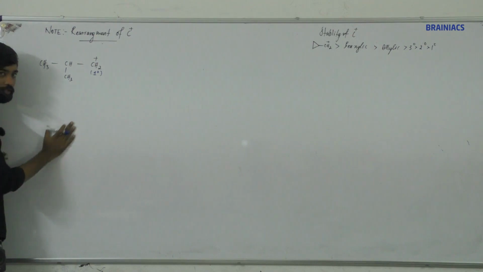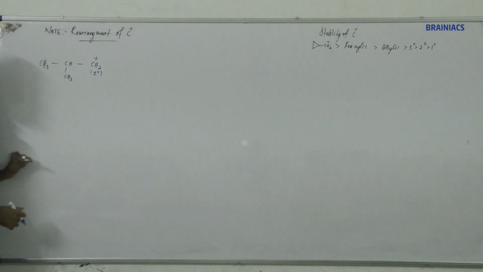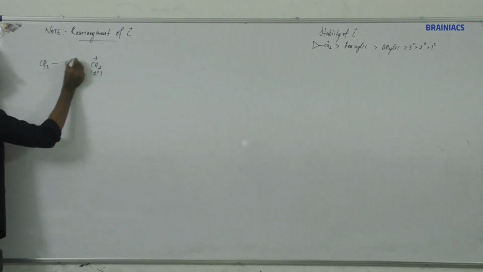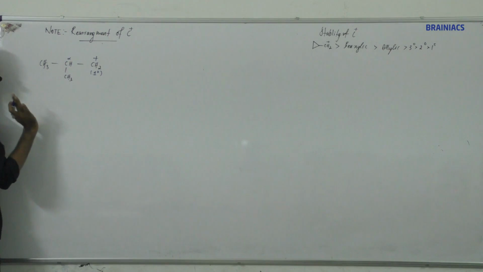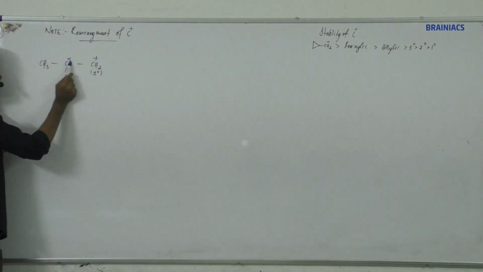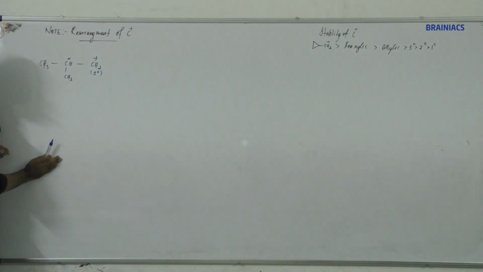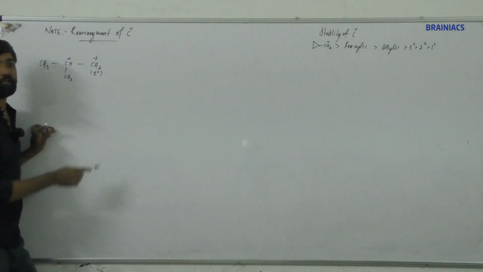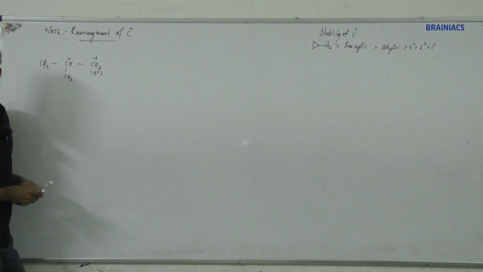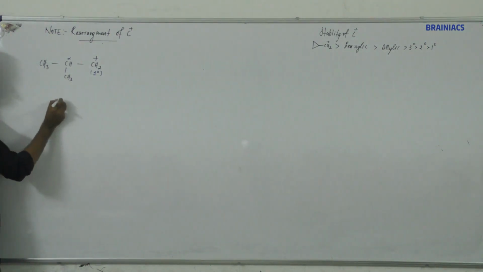Then you simply check if this positive charge moves to the alpha position, whether there is any benefit. If this positive charge moves to here, what happens? It becomes tertiary. So here rearrangement is possible.